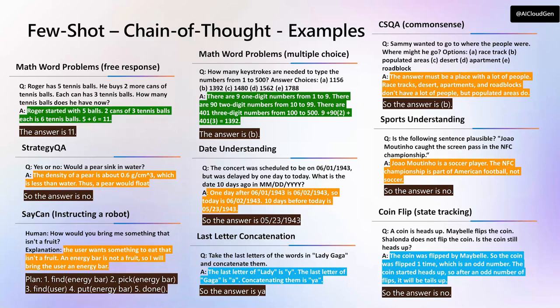But you are more curious to know how the model arrives at that answer. You can ask for that in your prompt itself, saying I want to know the chain of thought process. Then automatically it is going to say Roger started with 5 balls, then he had 2 cans of 3 tennis balls, then each is 6 tennis balls, the total is 11.